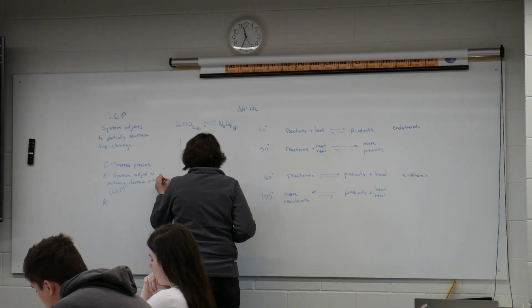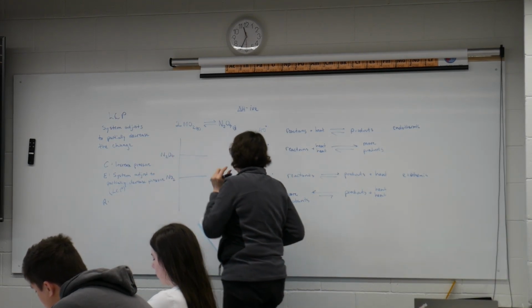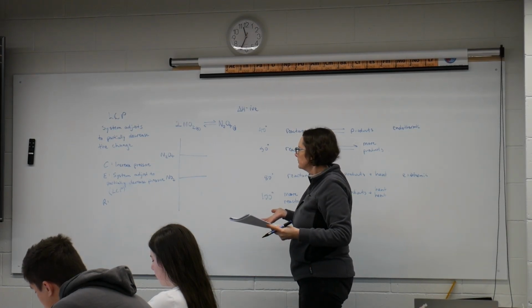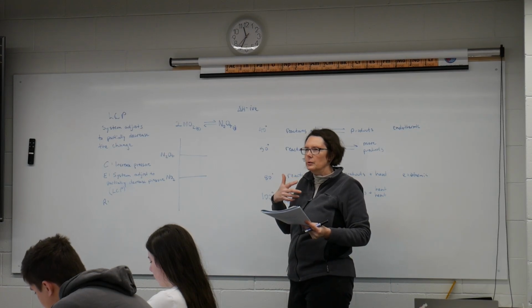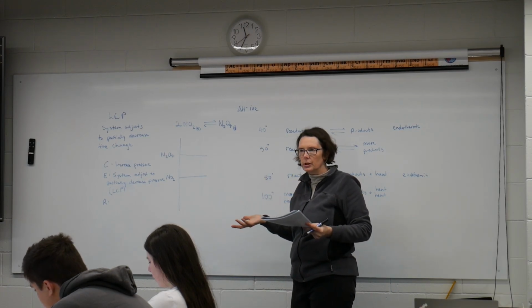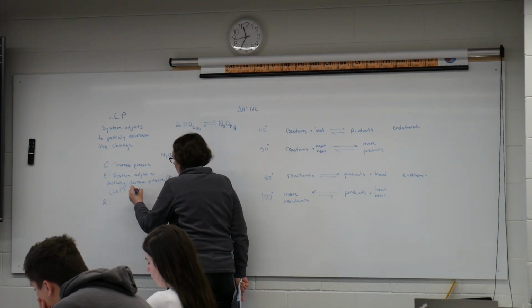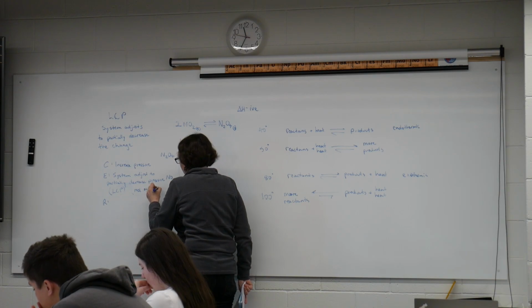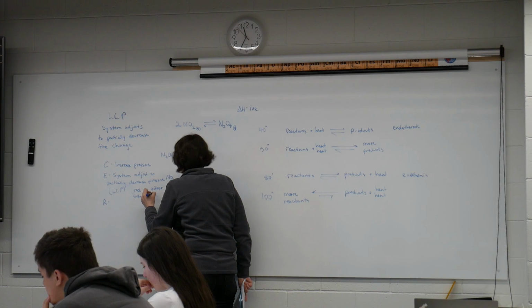And so NO2, N2O4. I'm going to increase the pressure. If the system is going to adjust to partially decrease the pressure, this is where we look at the mole ratio, or the moles on either side of the reaction arrows.